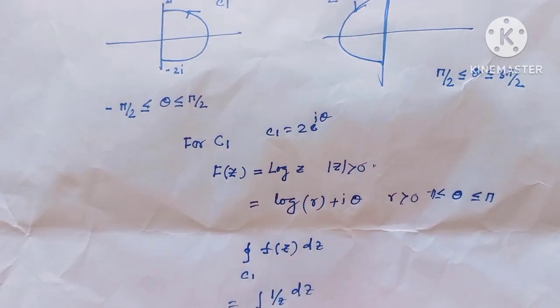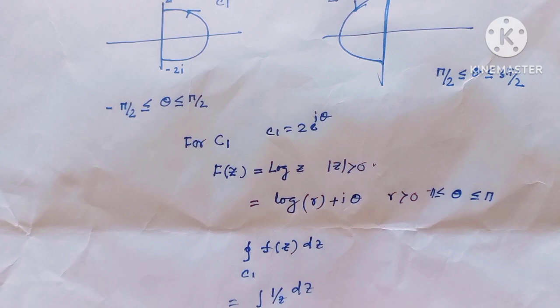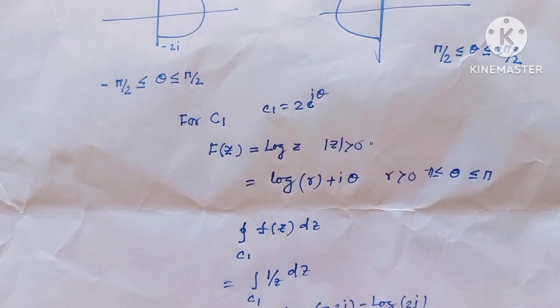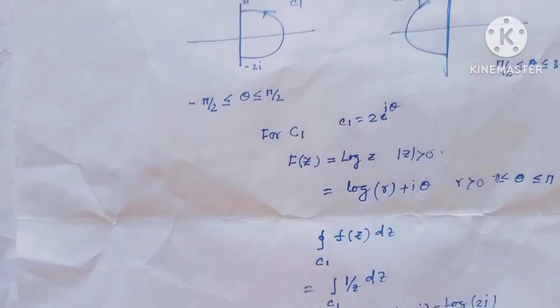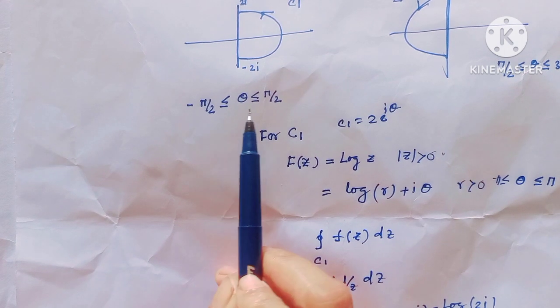Therefore, this value is Log of 2i minus Log of minus 2i. And for Log of minus 2i, theta lies between minus pi over 2 and pi over 2.